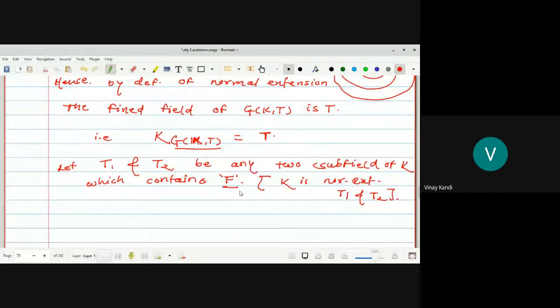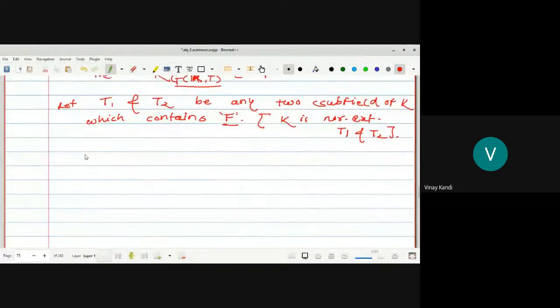Okay, now consider the image of T1 and T2 are equal. By the definition of psi, this is G(K,T1) and this is G(K,T2).